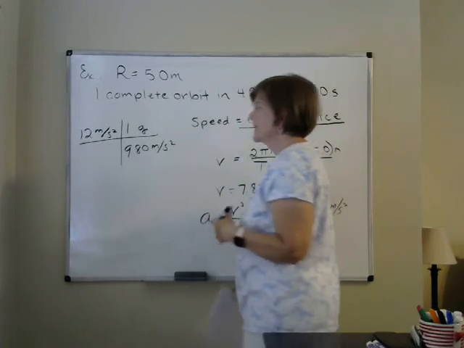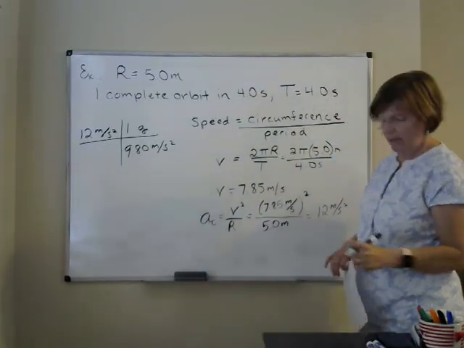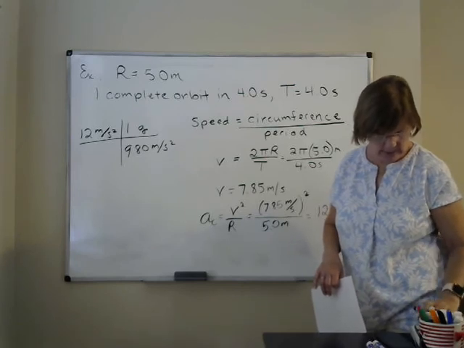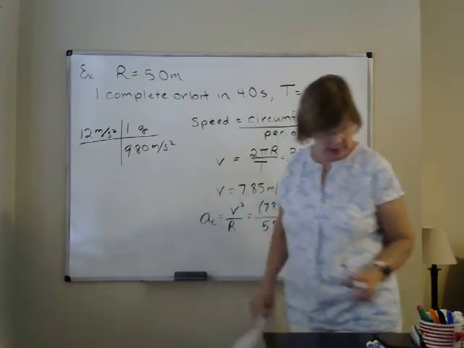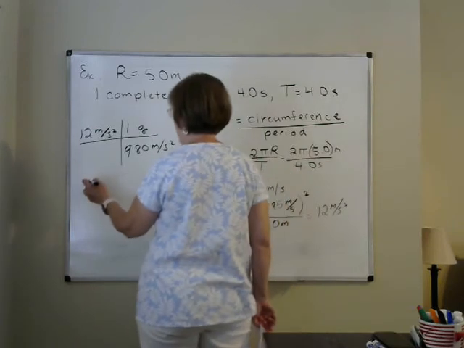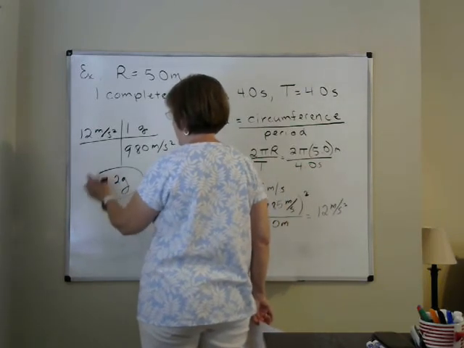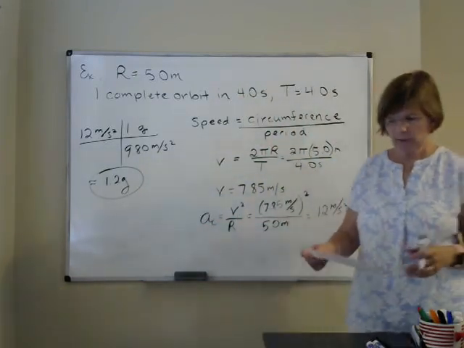I just treat a g as a unit of measurement. So 12 divided by 9.80 comes out to be about 1.2 g's. I think I did a little rounding at some point, but in terms of g, or the acceleration due to gravity, it's 1.2.